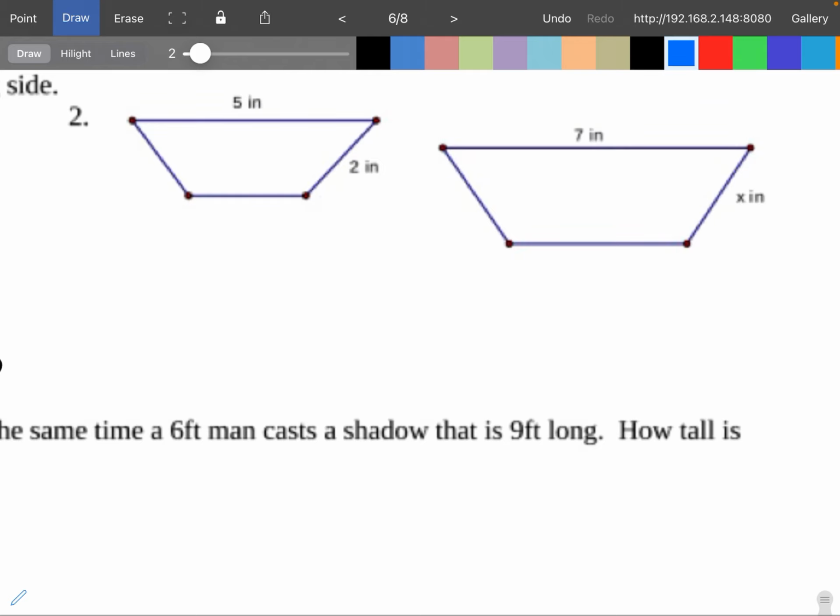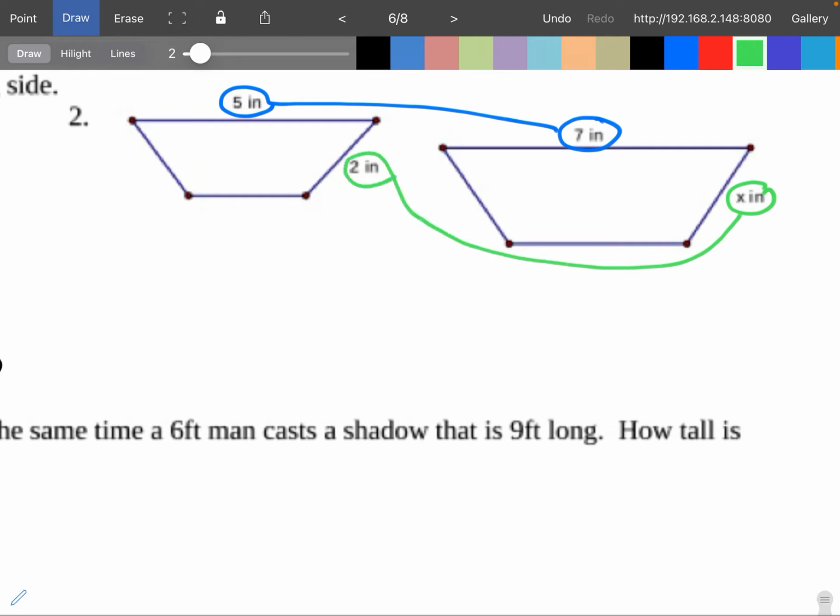Let's do the same thing on number 2. So let's match up the corresponding sides again. So 7, or what is that, a 7? I can't even see. This only works if you're using the same shape, right? Yes, they got to be the same shape but different size. That's what it means to be similar. So I think that's a 7, isn't it? Yeah. All right, so that matches up with what?